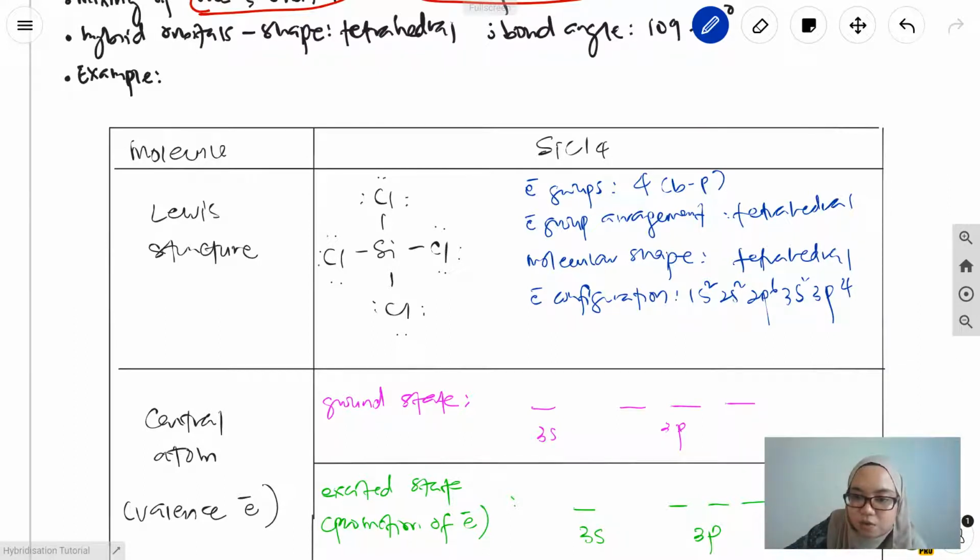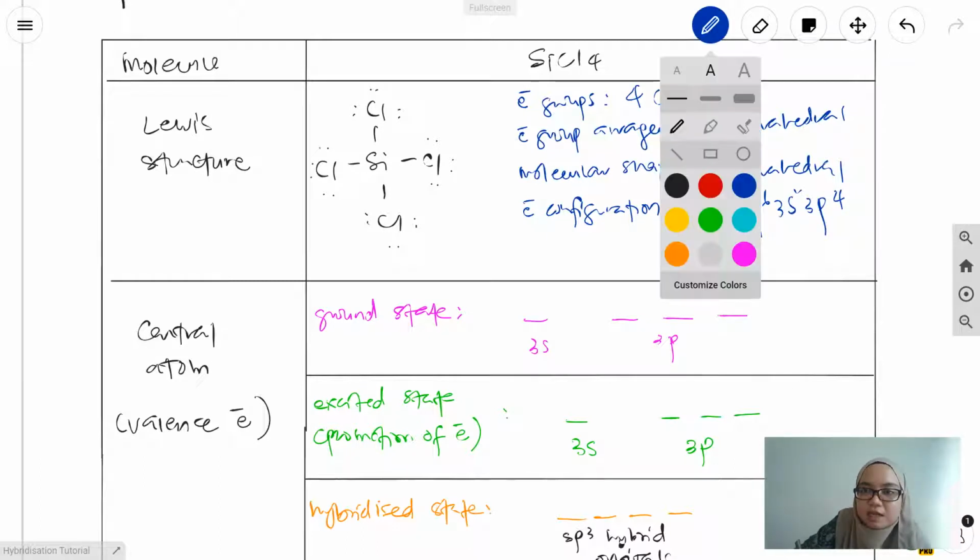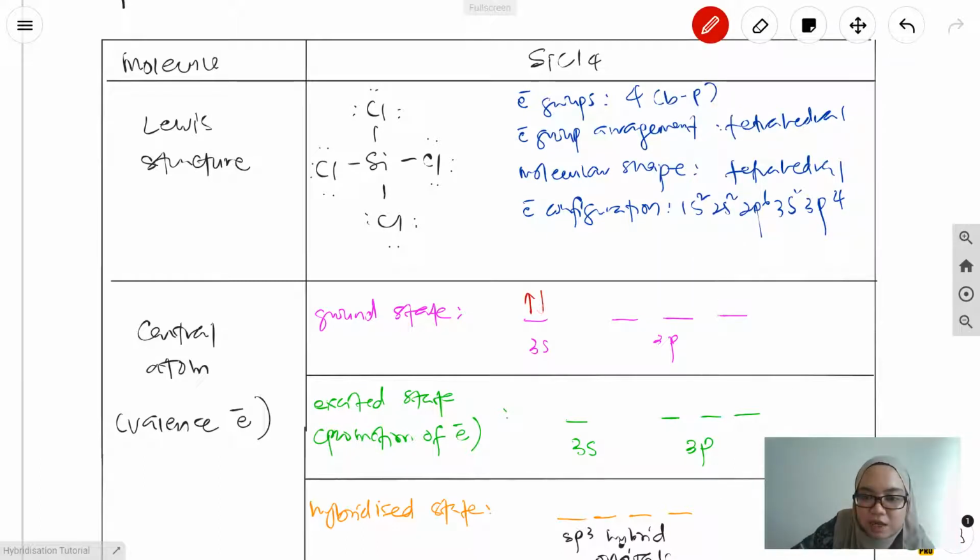We are going to focus on the central atom's valence electrons. At ground state, it has 3s2, 3p4, so we have 2 unpaired electrons. But now look at the Lewis structure. The central atom is covalently bonded with 4 chlorine atoms, so we need 4 unpaired electrons so that silicon can do orbital overlap with the chlorine atoms.